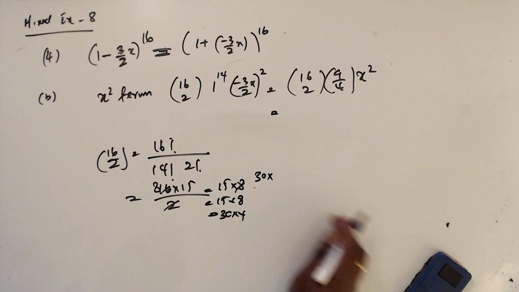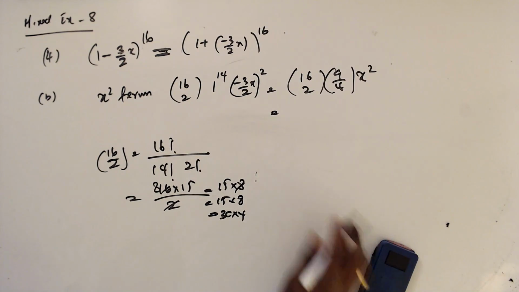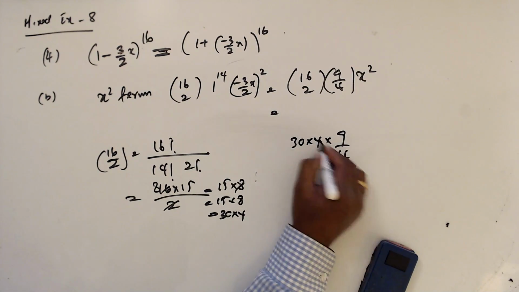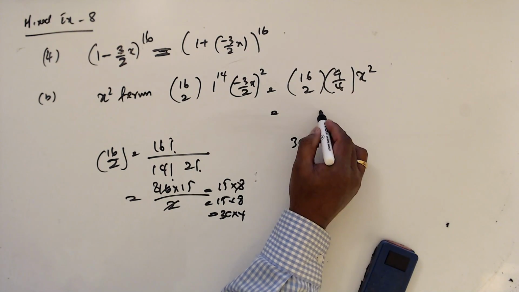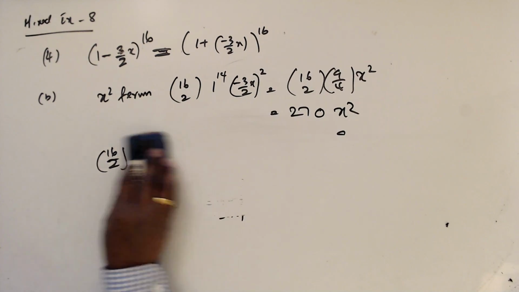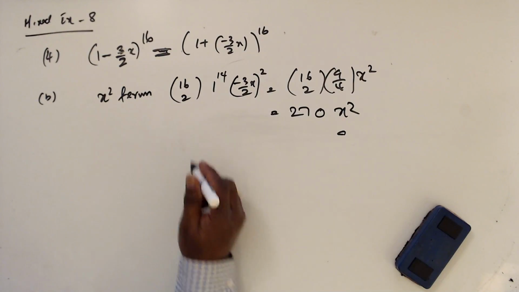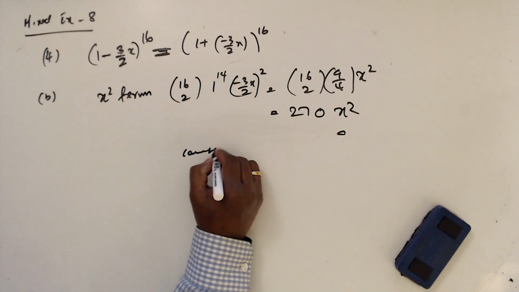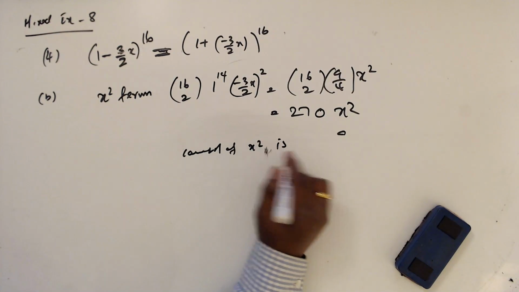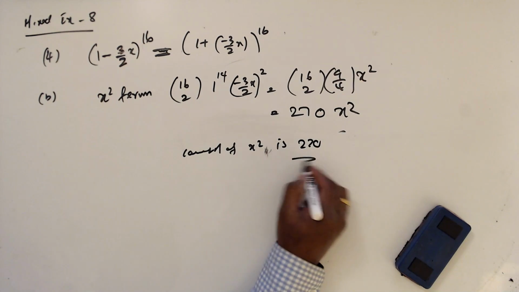But better to keep it as it is: 30 times 4 over 9 over 4, the 4s cancel out. 30 times 9 is 270 x squared. So the coefficient of x squared is 270.